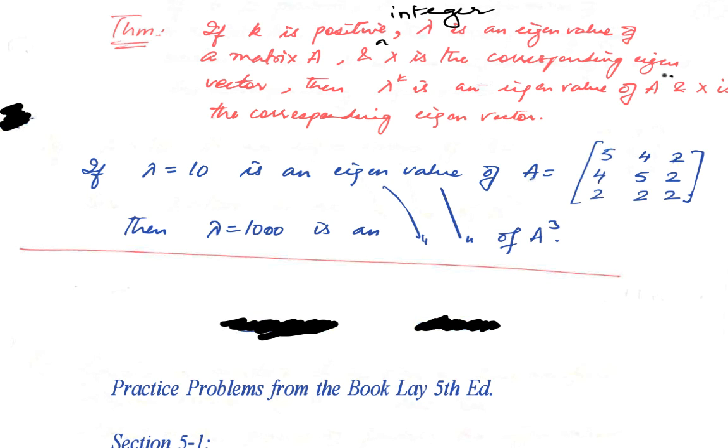Keep that in mind, it's important. And x is the corresponding eigenvector. So, example, if lambda equals 10 is an eigenvalue of A, then the eigenvalue of A cubed is nothing but 10 cubed.